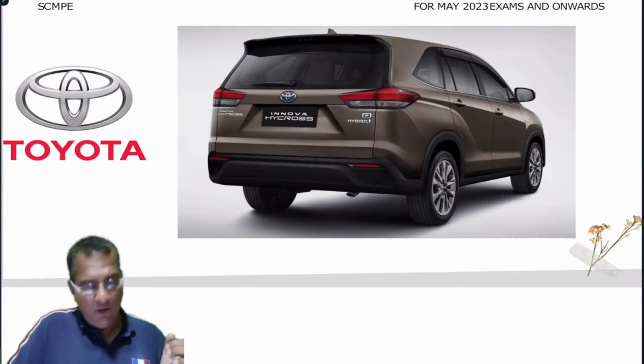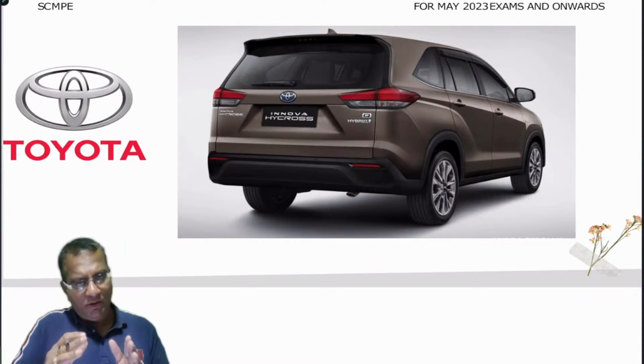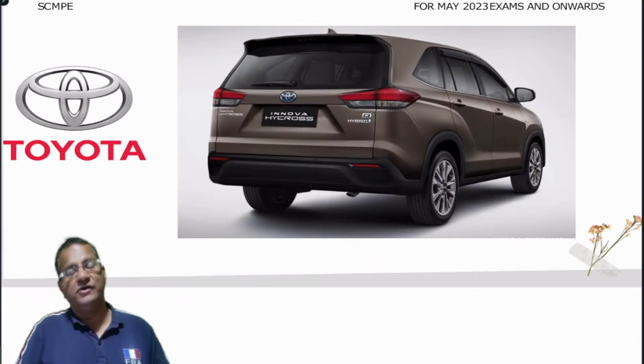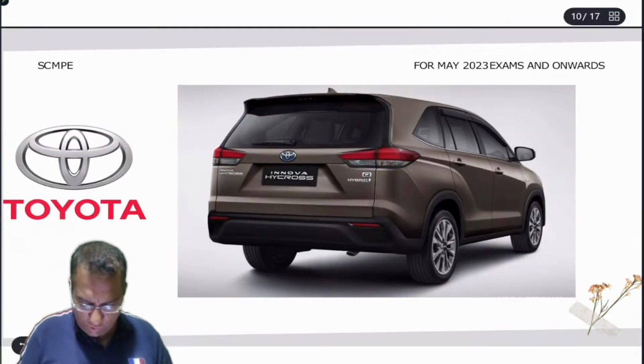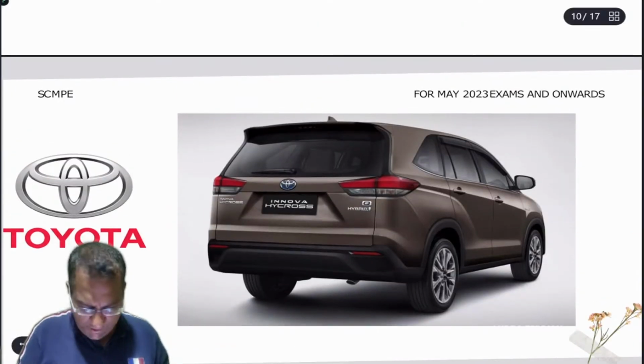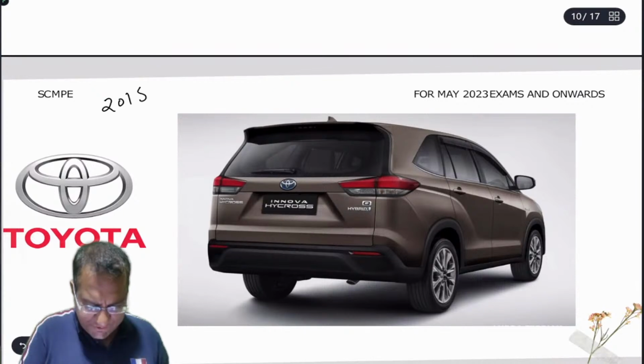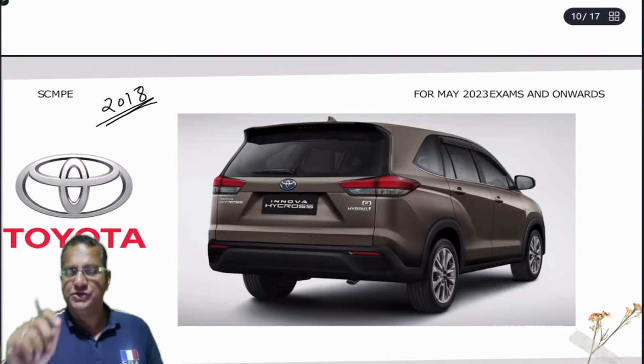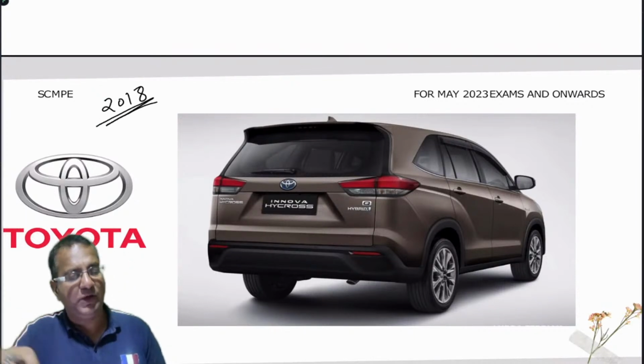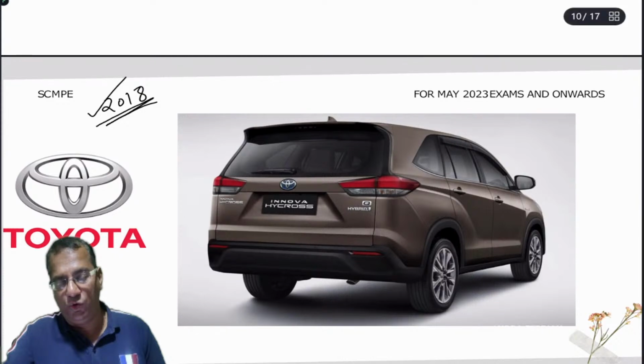So the company got this idea in 2018, that why not manufacture a car which not only runs on petrol but also on EV mode, electric vehicle mode. So they thought of designing a hybrid car in 2018.